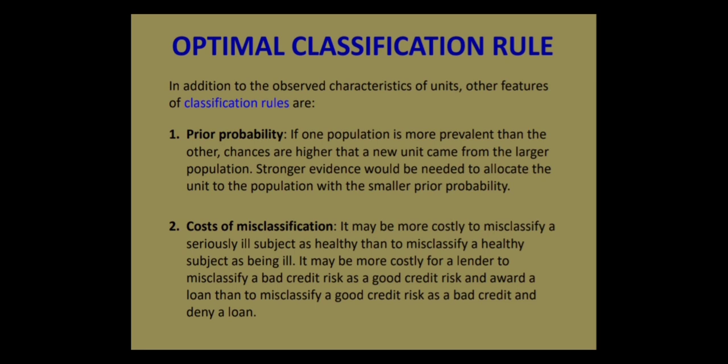Okay, so if one population is more prevalent than the other, chances are higher that a new unit or new observation will come from the larger population, because that population is more prevalent. Okay, it has the greater likelihood of occurrence.